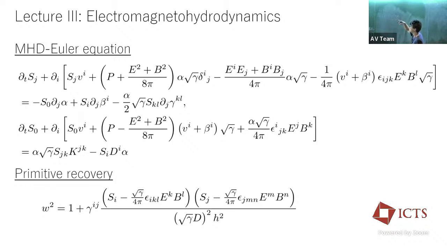You cannot raise and lower the indices with γ_ij.